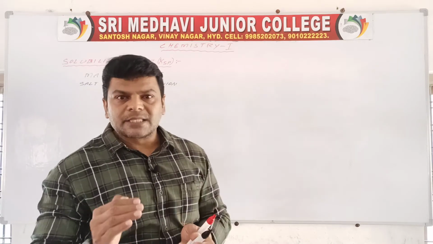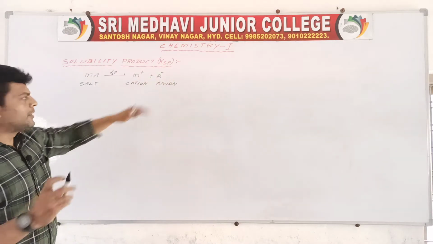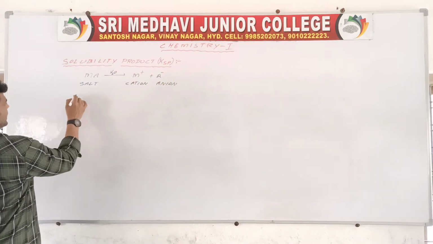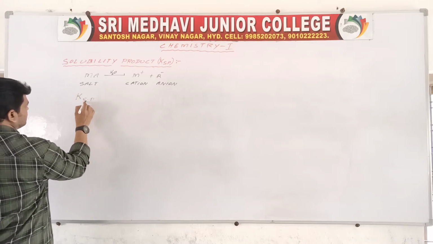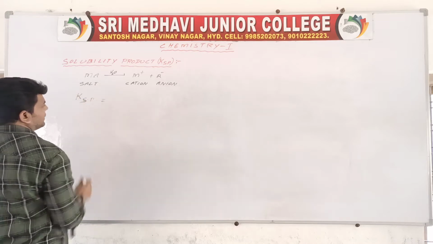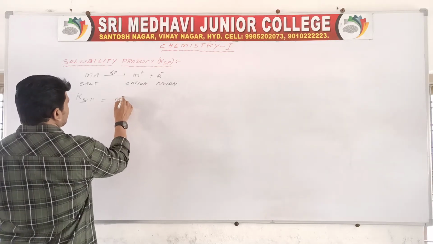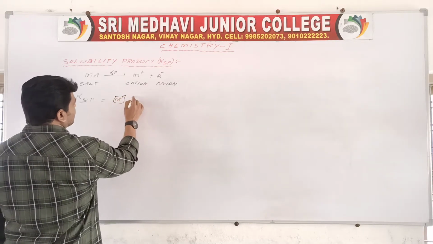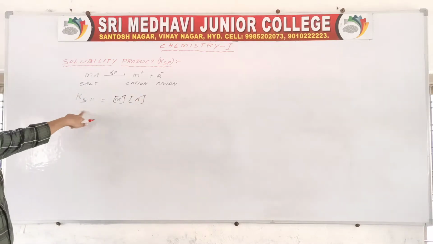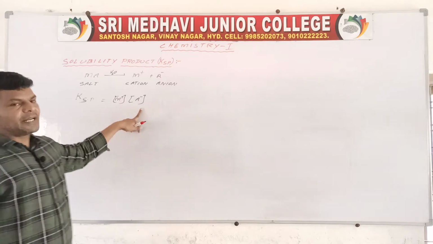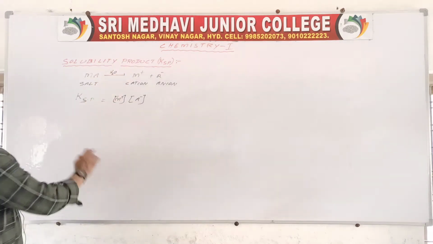solubility product KSP is defined as the product of the cation and anion concentrations.